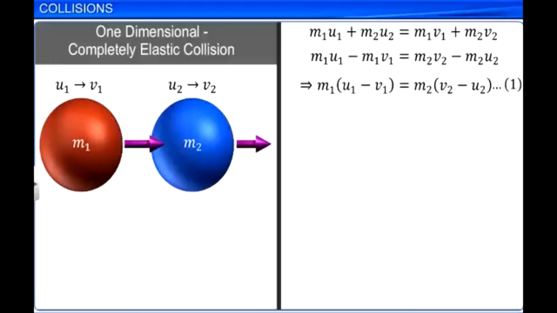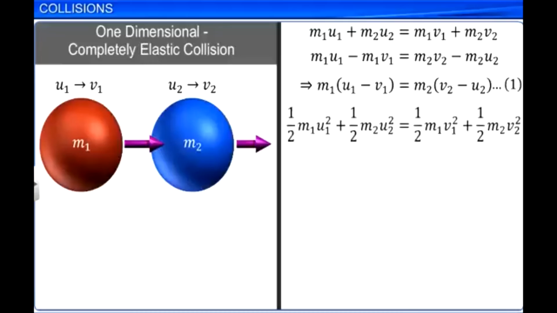Since the total kinetic energy is also conserved in an elastic collision, we have half m1u1 square plus half m2u2 square is equal to half m1v1 square plus half m2v2 square, or m1u1 square plus m2u2 square is equal to m1v1 square plus m2v2 square.